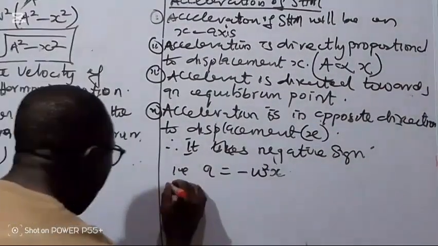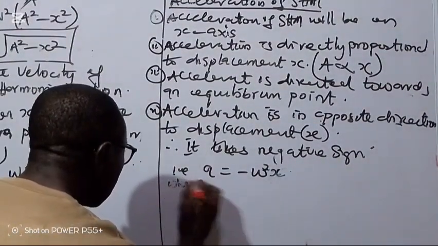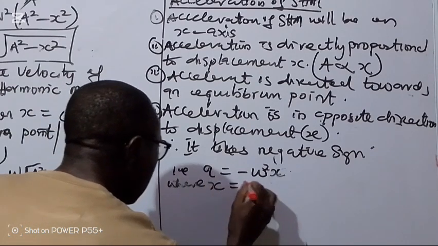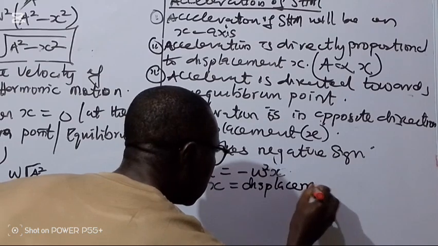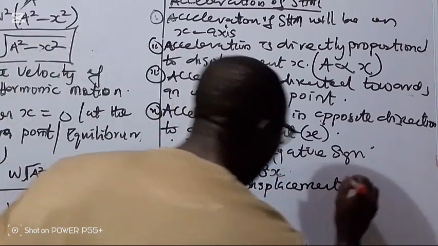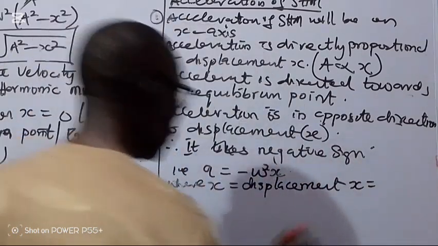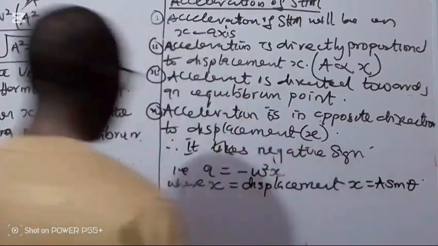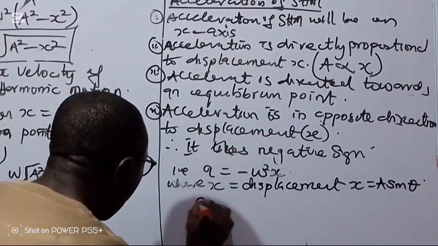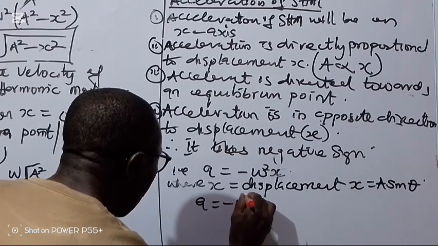Where s is displacement, and s is equal to A sine theta. Therefore, our A now is equal to minus omega square A sine theta.